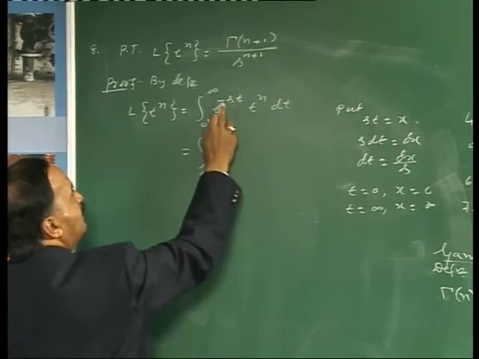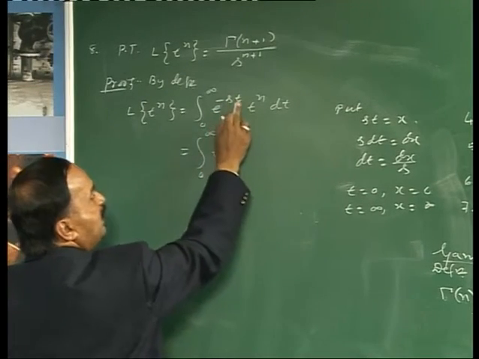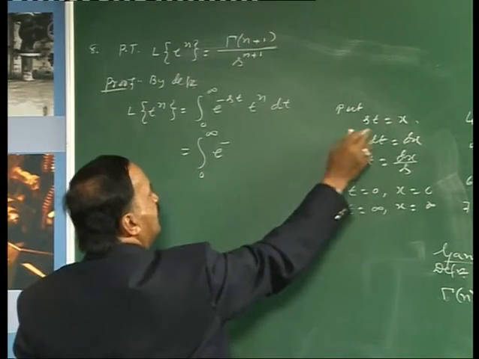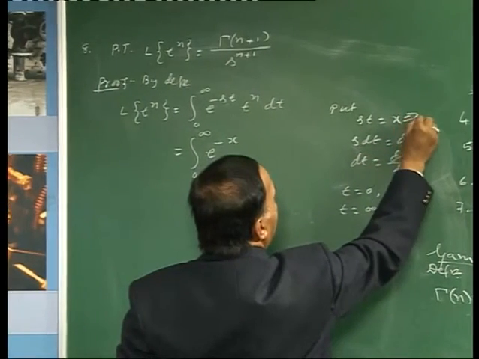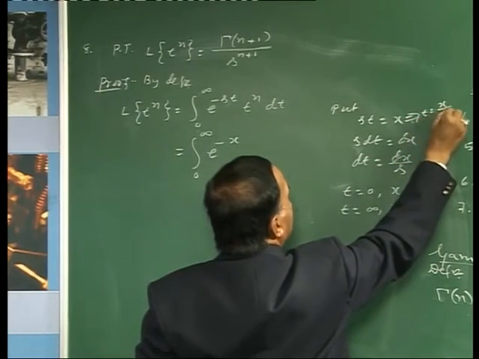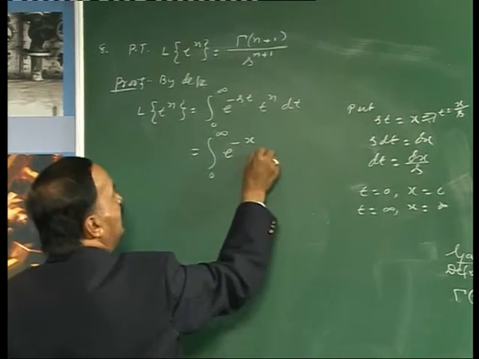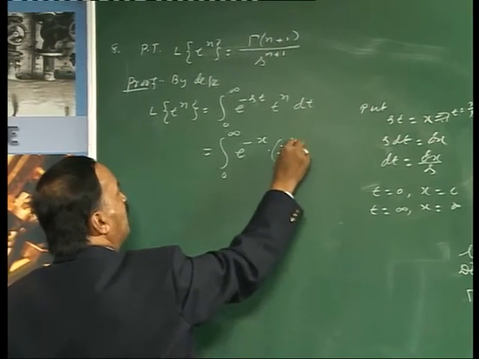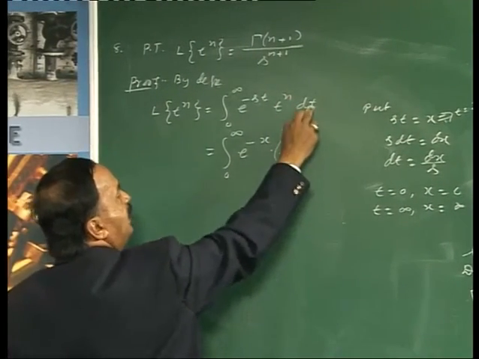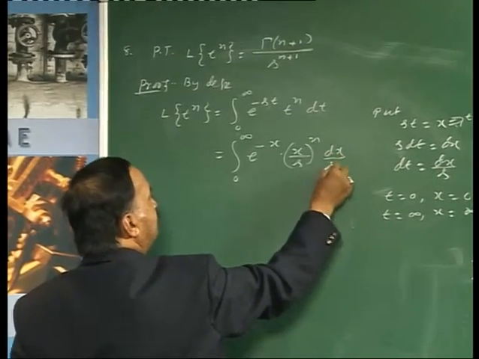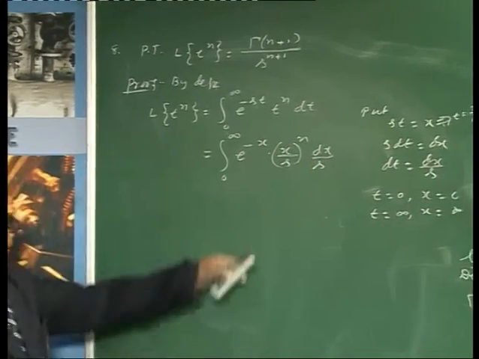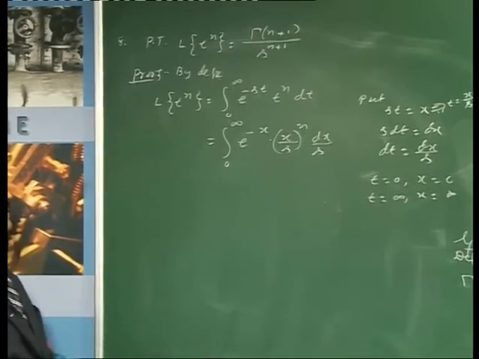e to the power of minus st is equal to e to the power of minus x, but t is equal to x by s. So we get x by s to the power of n, into dt, which is dx by s.